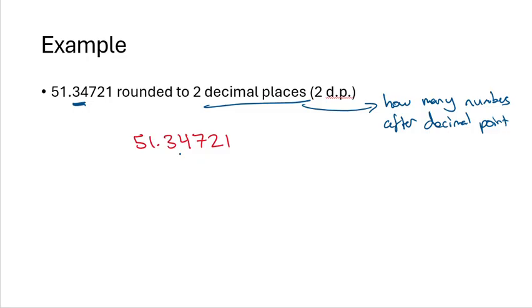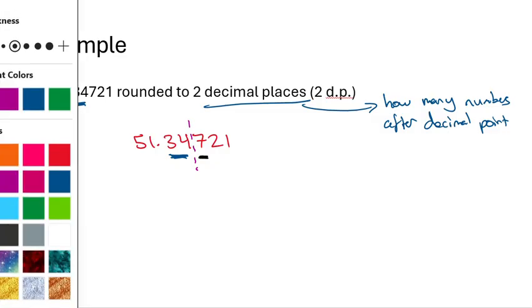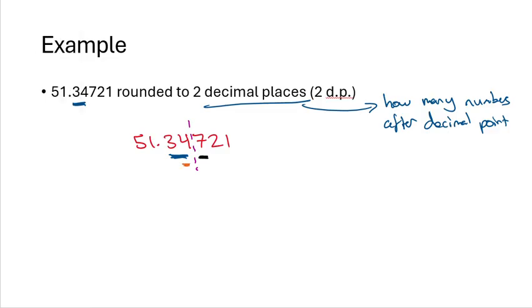Okay, so the 4 is my benchmark. That's what I'm rounding. Now what you're going to do is put an invisible line right after the 4, and what happens here is this number highlighted, underlined in black, determines whether orange increases by 1 or it stays the same.